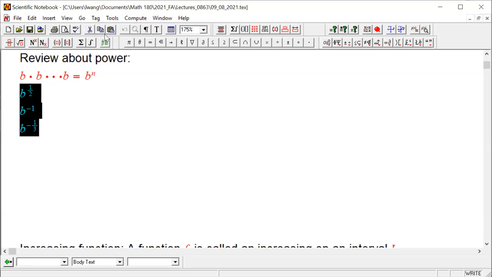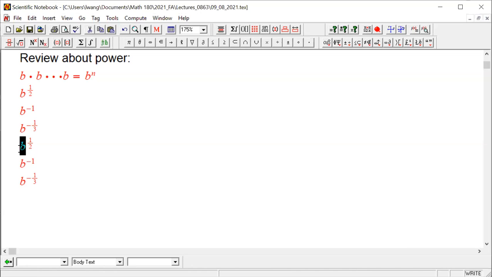For example, suppose I have 2. 2 is the base. What will 2 to the power half mean? Right? And this is what it is. 2 is the base.